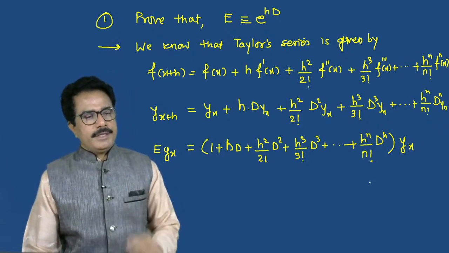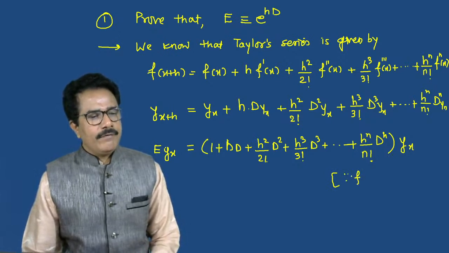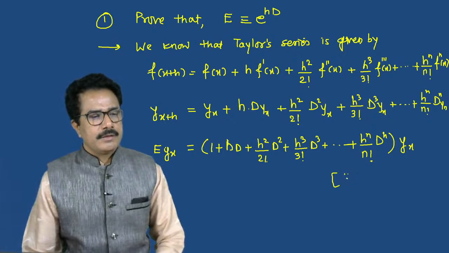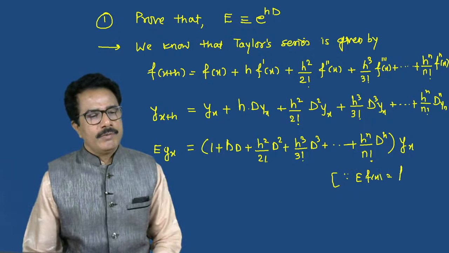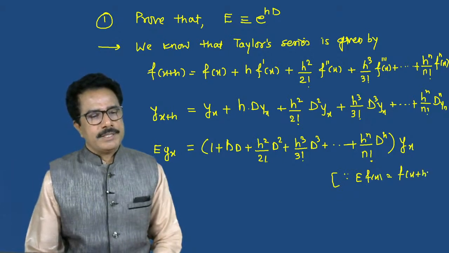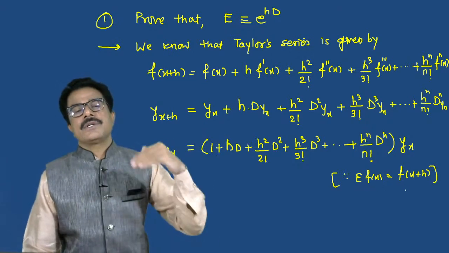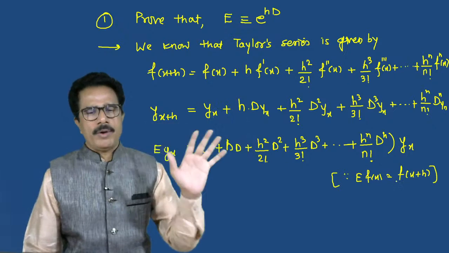See this, here you can write E of f of x is equal to f of x plus h, or we can write E of y of x is equal to y of x plus h. This is the same process, no problem.